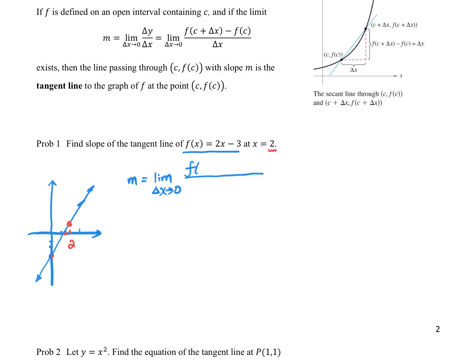So this is going to be f of 2 plus delta x minus f of c, which is f of 2, divided by delta x. And let's plug those into the function.